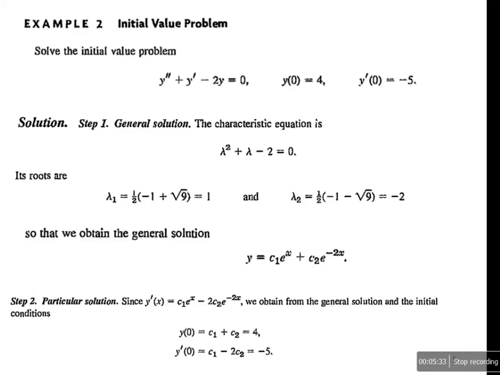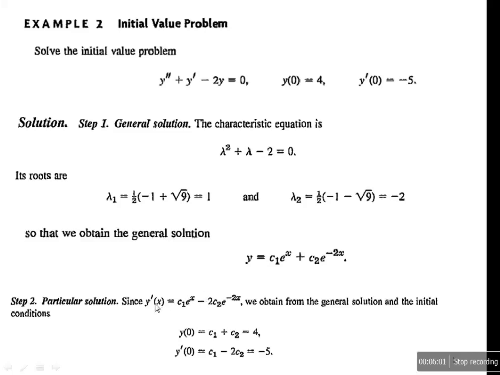Step 1 was about the general solution, which has unknown constants C1 and C2. Step 2 we call the particular solution. That means we need to find the solution with the values of C1 and C2.